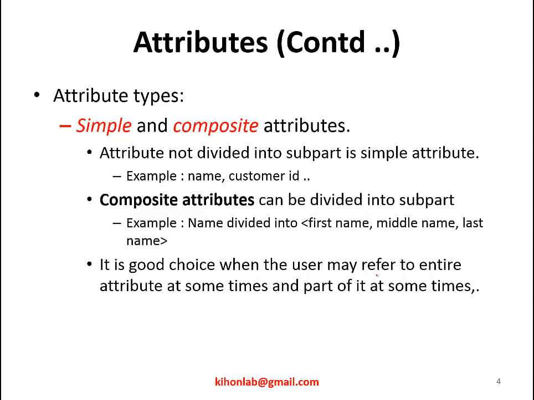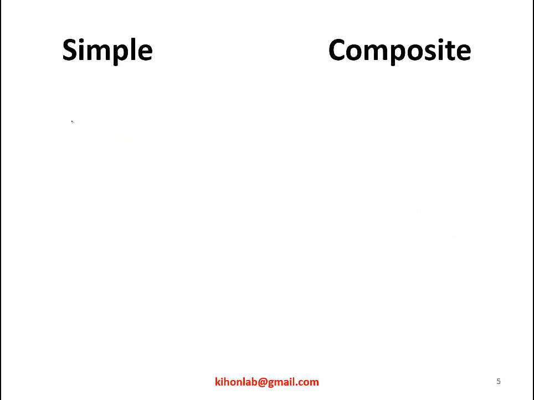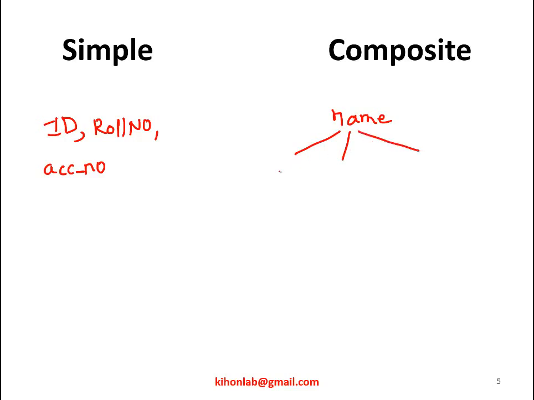Let's take one more example. Simple attributes are ID, roll number and account number. Composite attributes are like name, which can again be divided into first name, middle name and last name. So this is called a composite attribute.